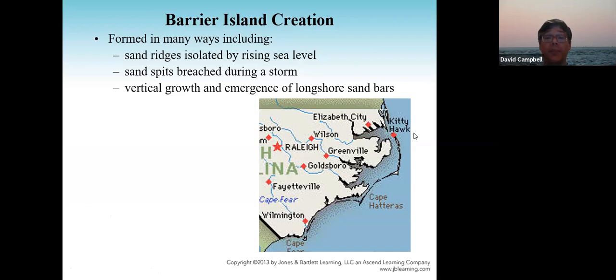Or we could build up sand, forming kind of a peninsula off of the land, a sand spit. But again, sand's easy to move around. And so potentially we could have waves, likely a storm, that wash through, cut it off. Or maybe if we have a longshore bar out under the ocean that's there long enough, maybe it builds up to the point of emerging out of the water.